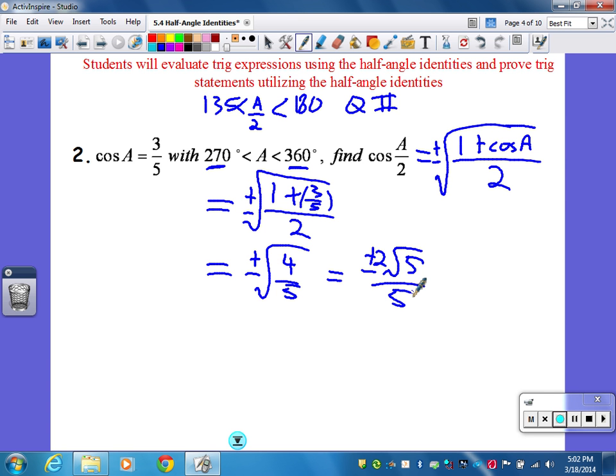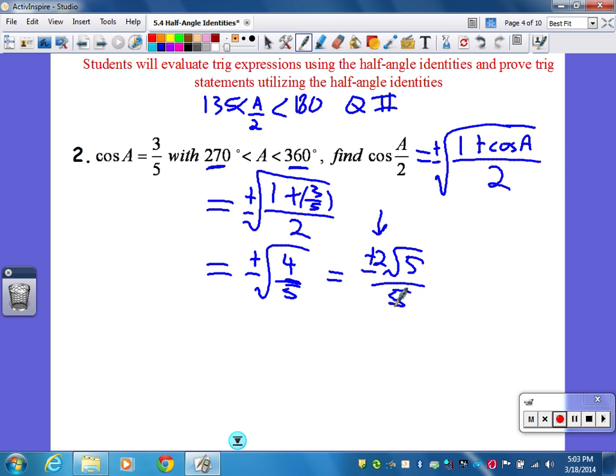Stop, wait, what are you doing, Mr. K? That doesn't make any sense. Yeah, it does. Remember, we have the 4 here. The square root of that is 2. That's where we get this 2. And then I don't like radicals in the bottom of a fraction, so I just multiplied the bottom of the fraction by the square root of 5. So that's why now we have 5 in the denominator and square root of 5 in the numerator.